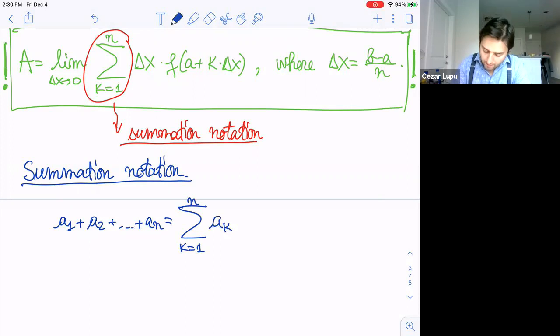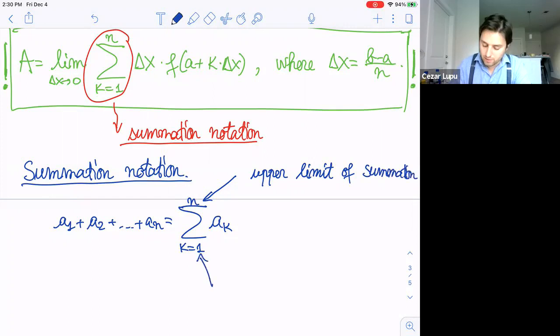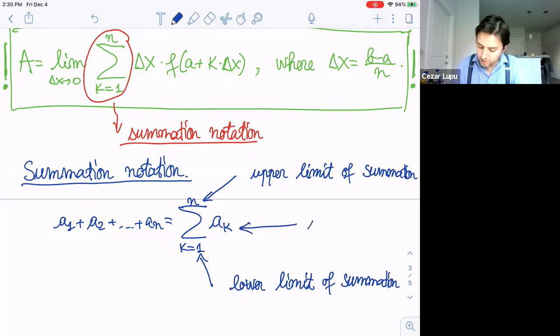So this n here is the upper limit of summation, and this k equals 1 here is the lower limit of summation. And this guy here is the general term of the summation.